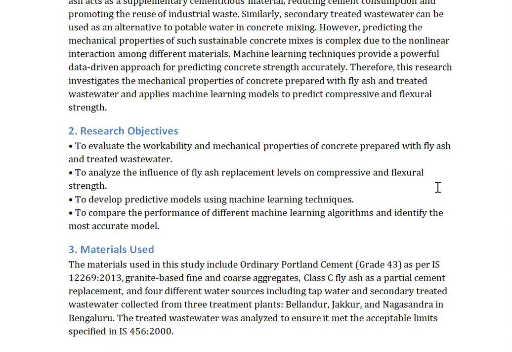Second, to analyze the influence of fly ash replacement level on compressive and flexural strength. Next, to develop a predictive model using machine learning techniques, to compare the performance of different machine learning algorithms and identify the most accurate model.